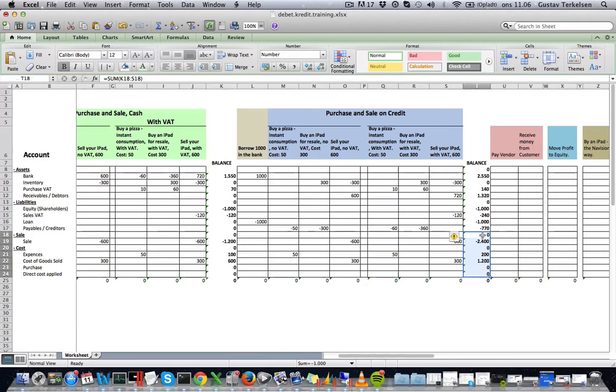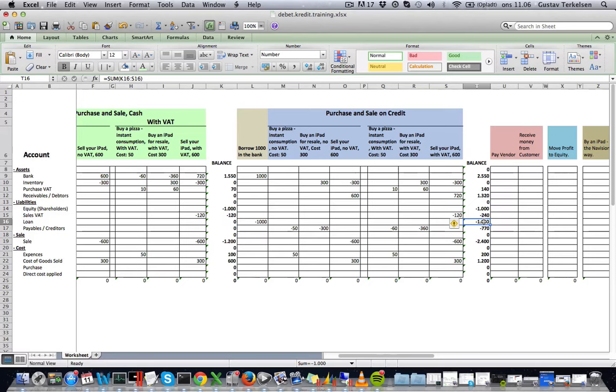So if we look at the profit and loss, we have made a total of 1,000, and although it says minus, it is a profit because it's a credit of 1,000. But actually some of that money was made in the previous period, which was 500. We have doubled that in this period, so we have made a total of 1,000, which actually has to be added to the equity up here.